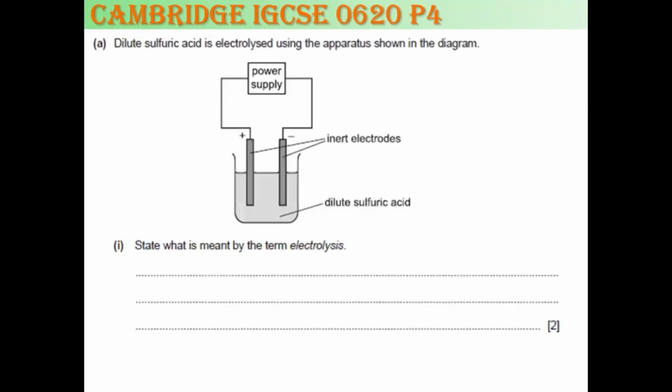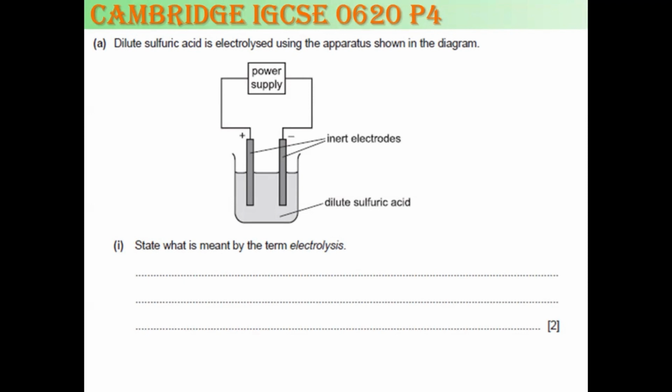So we are going to start with the Cambridge IGCSE 0620 paper 4 question. It's from the year 2020. When we look at the question, the main words that we want to look at as we analyze the question are the topic words and the command words.